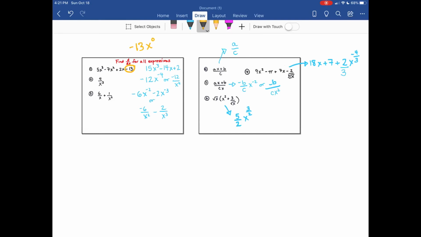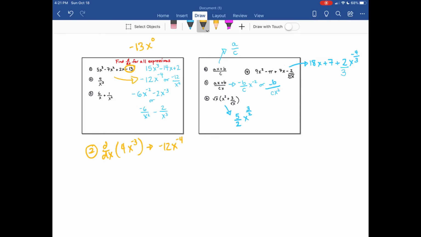For 2, I would rewrite that expression first so that it was in power form. I want it to read as an exponent. So we would have the derivative of 4x to the negative 3. And that's how we end up with negative 12x to the negative 4. And you noticed here that I put both notations.